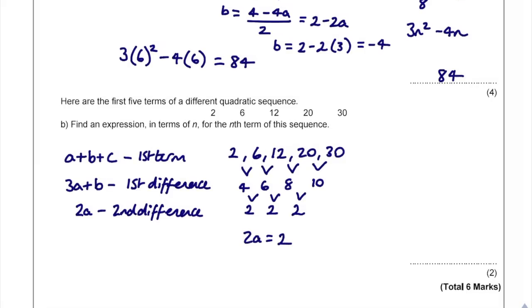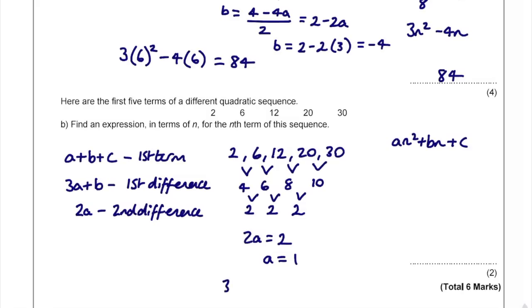Okay, so if we start off with the second difference, we know that 2a is equal to 2, so we can solve for a, because we just need to divide both sides by 2, so we get a as 1. And of course our quadratic sequence is going to be in the form of an squared plus bn plus c. So now we've got a value for a, we can use 3a plus b, and set that equal to the first difference to work out b.